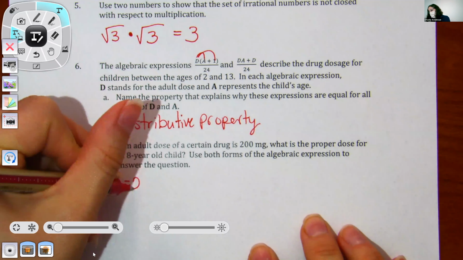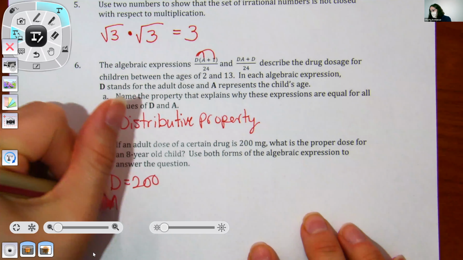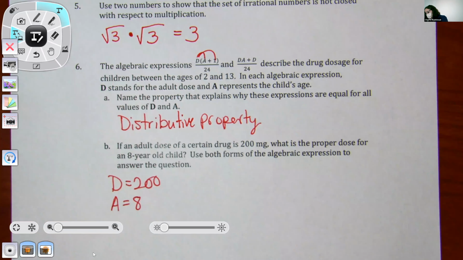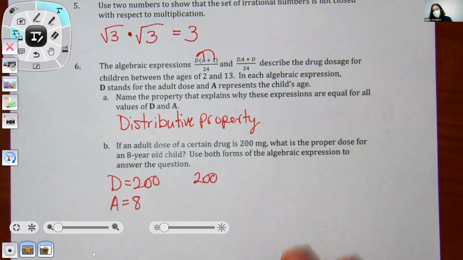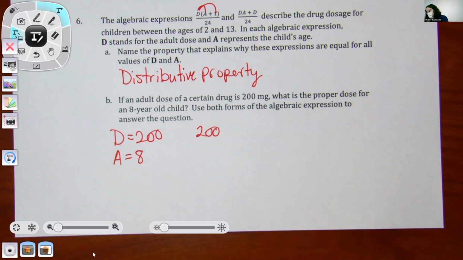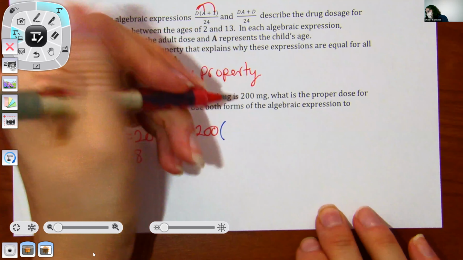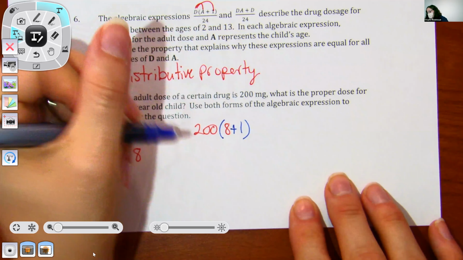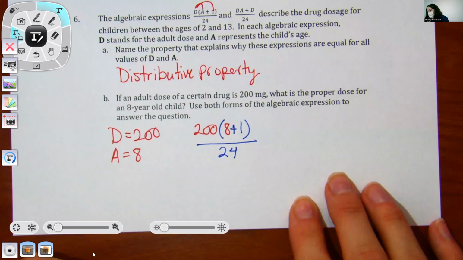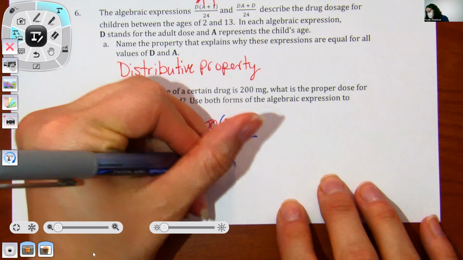And then A is the child's age, so A equals 8. So if we use the first form of the expression, that would be 200 times 8 plus 1 all over 24. So 8 plus 1 is 9. So 200 times 9 over 24.